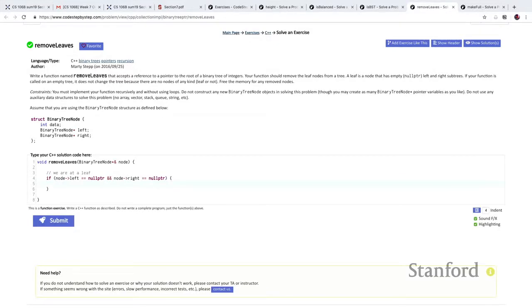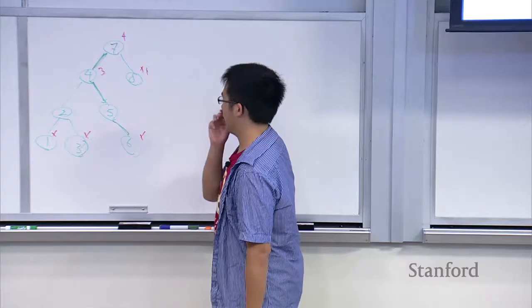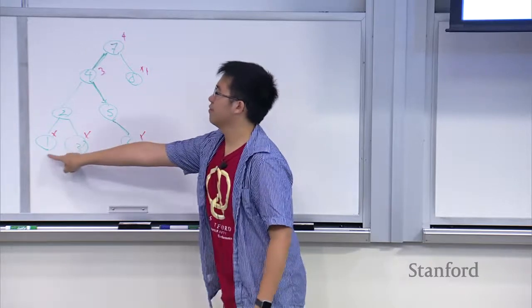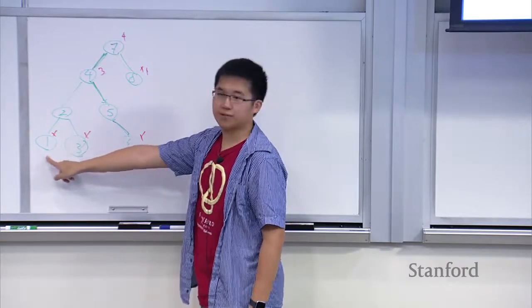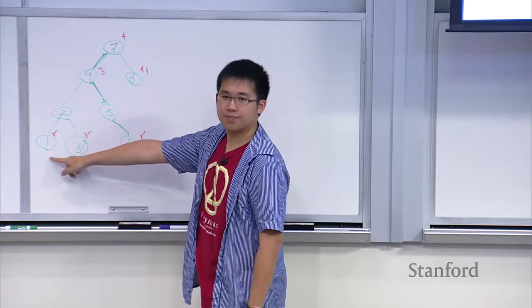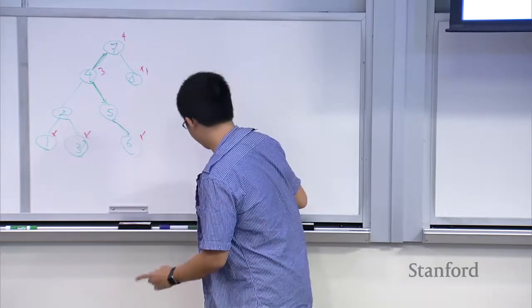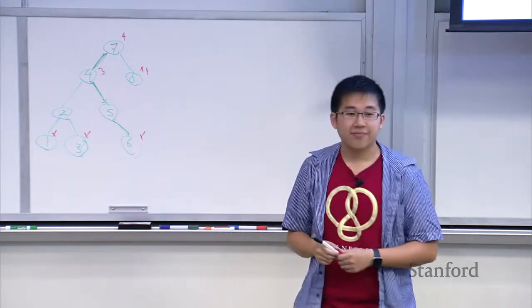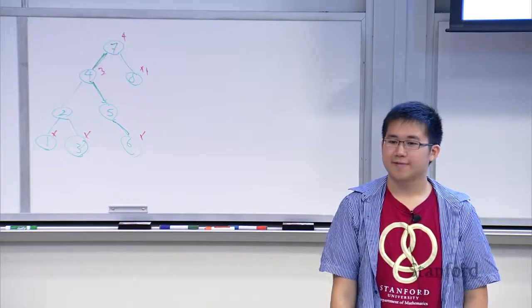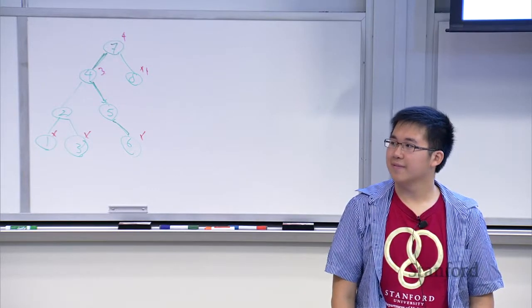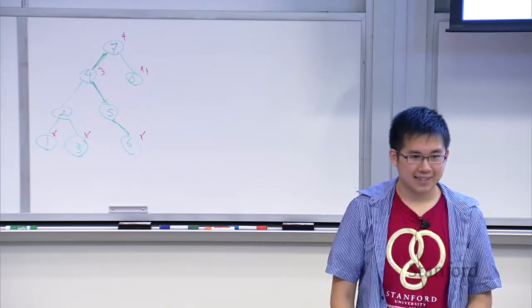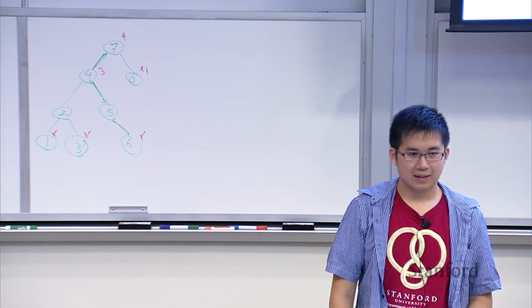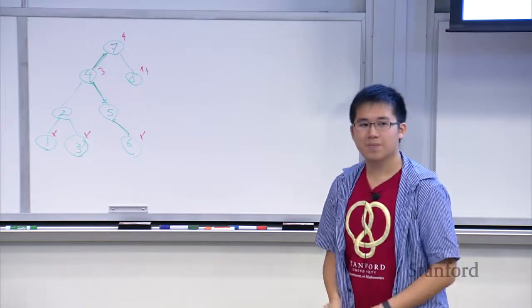If we're at a leaf, so let's say we're at this leaf, how should we free this node? How can we remove that node? Yes? We have to set the one above it to a null pointer, and then we have to delete it.